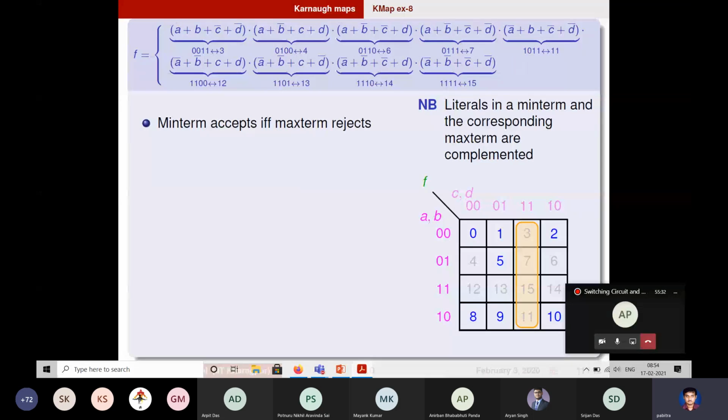There is an easy way to remember why it's called a min term and why it's called a max term, because if you assign values to each of these literals A, B, C, or D, a max term would evaluate to the largest value among them, which is 1. If all are 0, it is 0, otherwise it is 1. Whereas in the min term, if you take A, B, C bar, D bar, for example, it will evaluate to the smallest value of these literals. That's why it's called a min term.